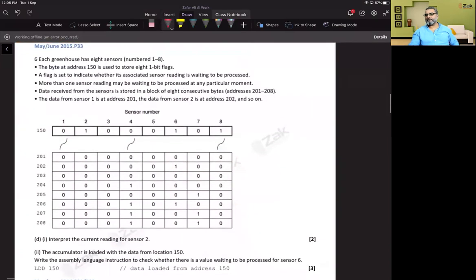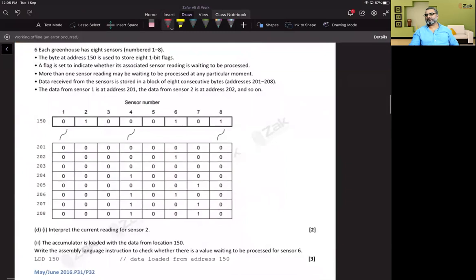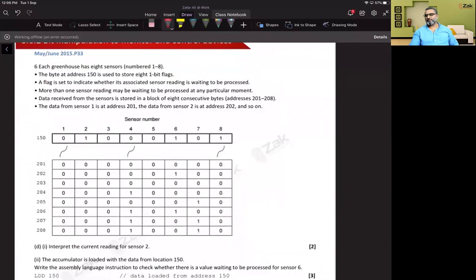May/June 2015, P33. Each greenhouse has 8 sensors, 1 to 8. The byte at address 150 is used to store 8 1-bit flags.